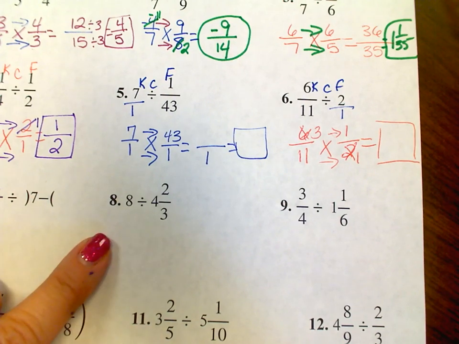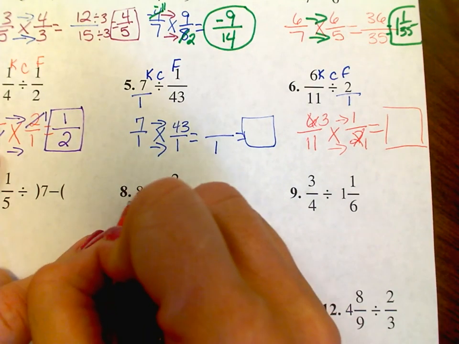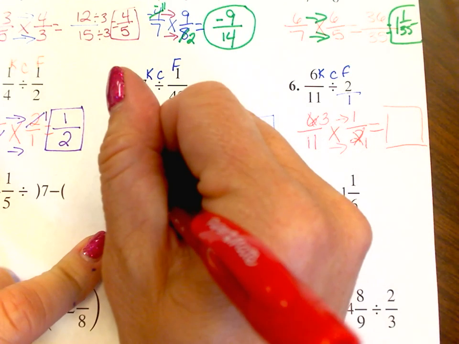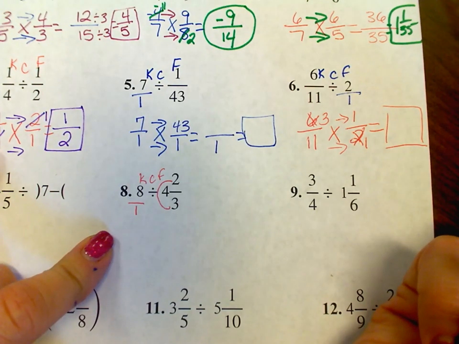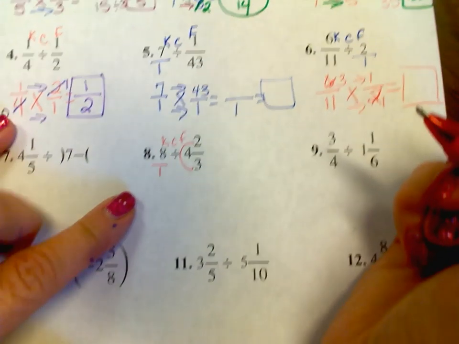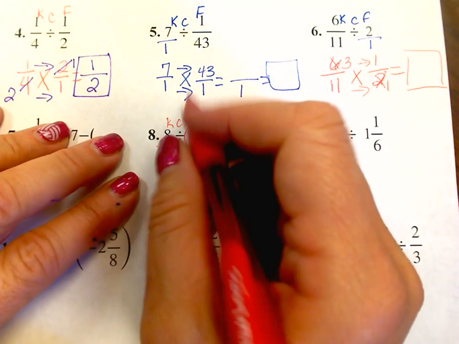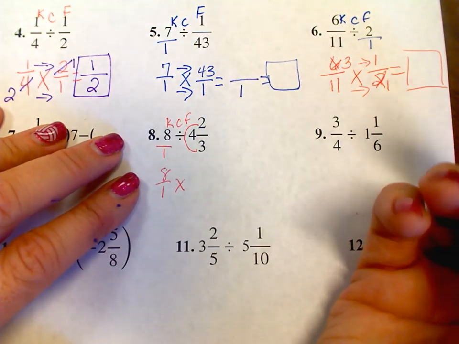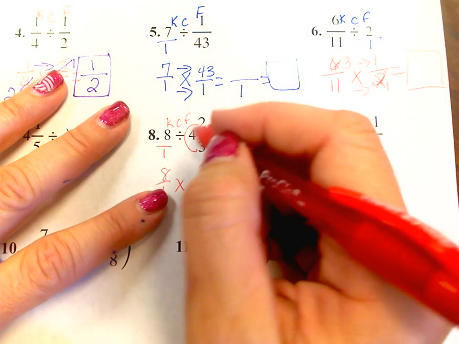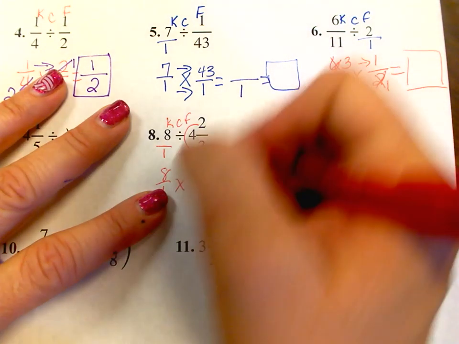Let's do number 8. Put it over 1. You're going to keep, change, flip, and you need to do the C trick because it's a mixed number. So 8/1, flip this, change the sign, and let's figure out what our fraction is before we flip it.